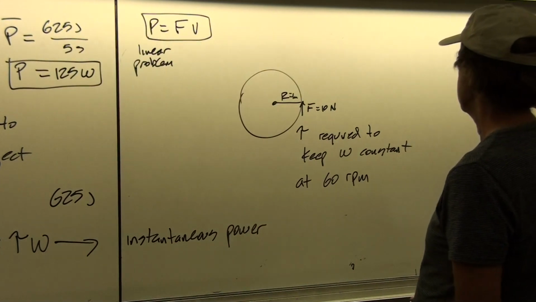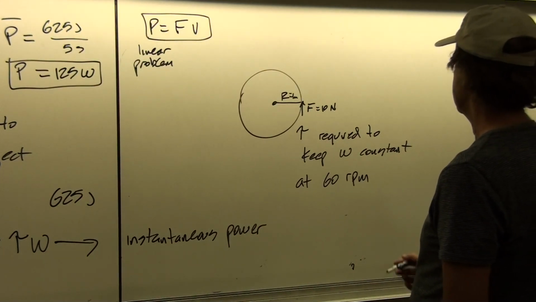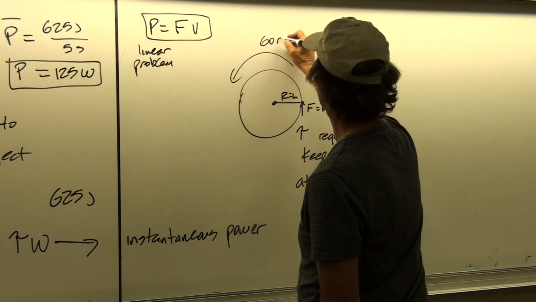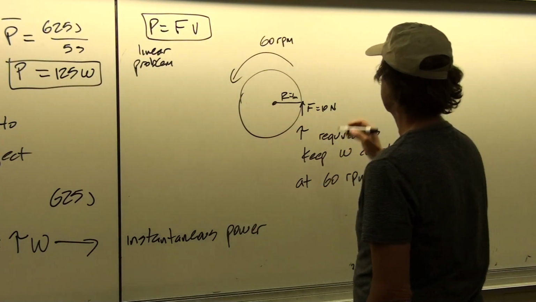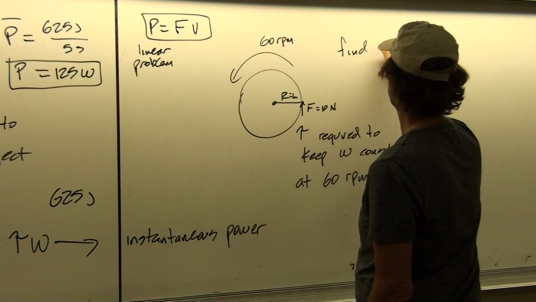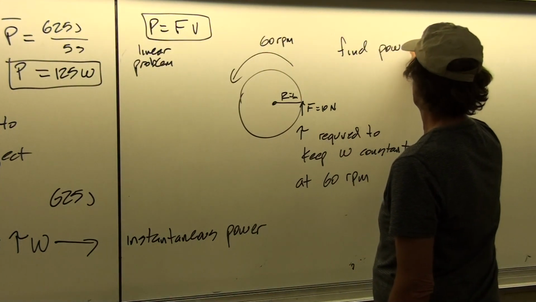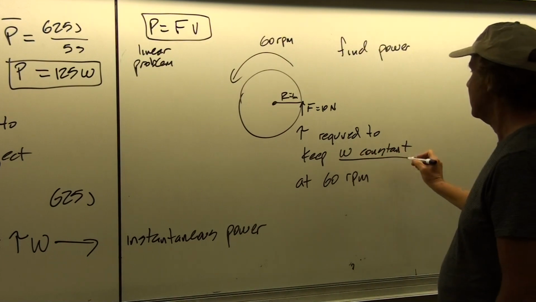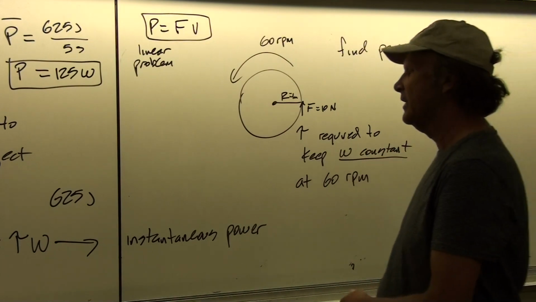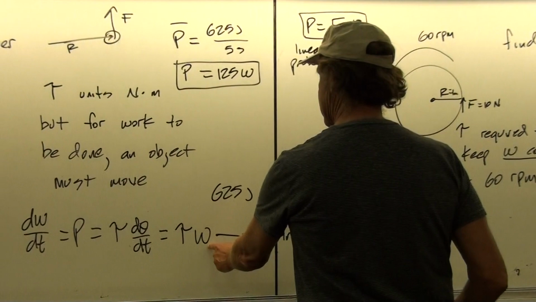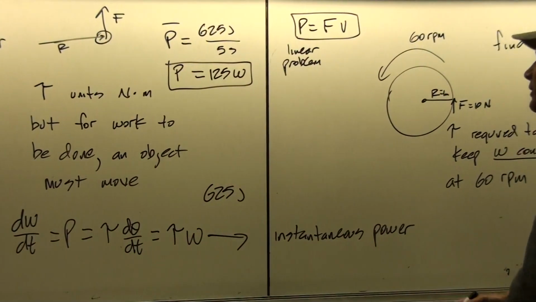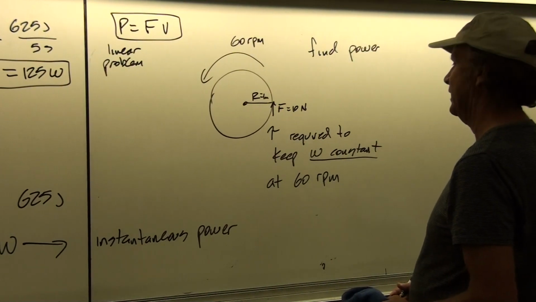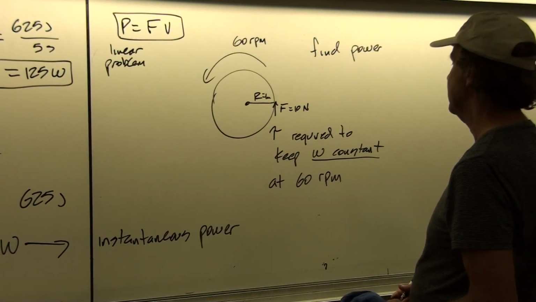So that's the torque required to keep the omega value here at 60 RPM. Let's find the power. Because we're holding omega constant, our instantaneous power is the same thing as our average power.